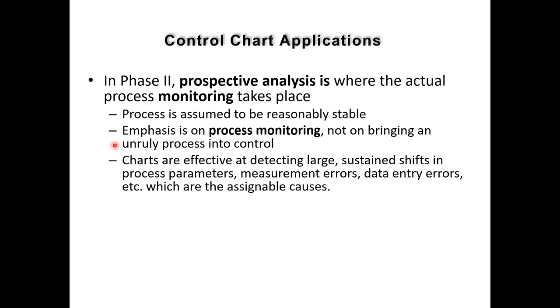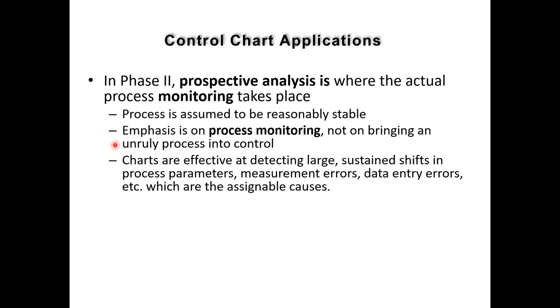If you see any outliers or any points which lie beyond the two limits, it simply means that the process you are monitoring is not in control, or not in statistical control.